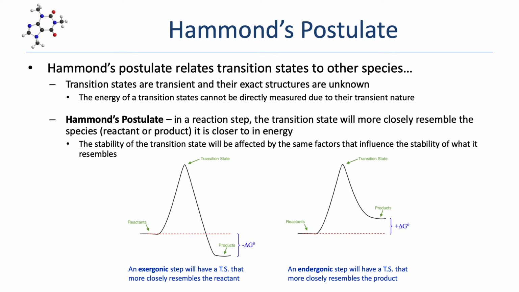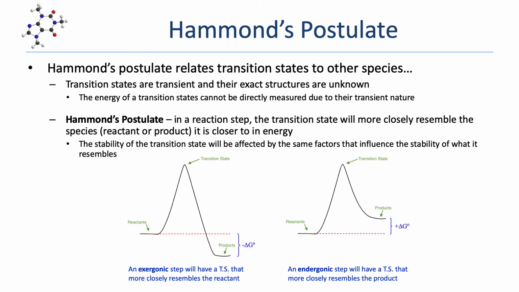If you look at the exergonic reaction, you can see that the transition state is closer in energy to the reactants than it is to the products. There is a smaller vertical distance between that high transition state and the reactants than between the transition state and the products. And because the transition state in an exergonic reaction is closer in energy to the reactants, it means that structurally it will actually more closely resemble the reactants than the products.